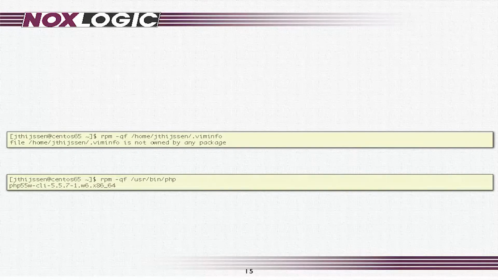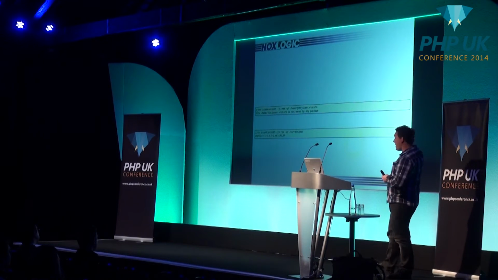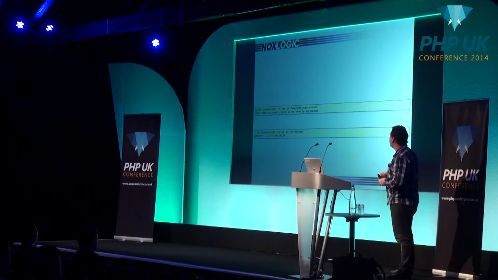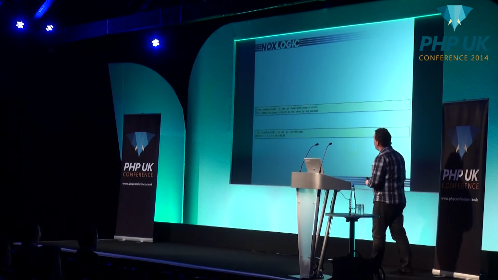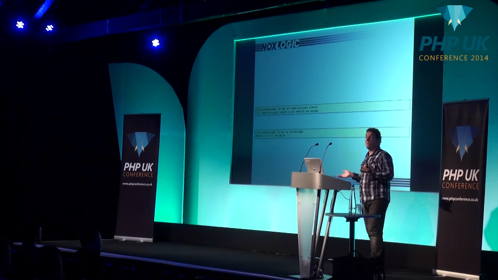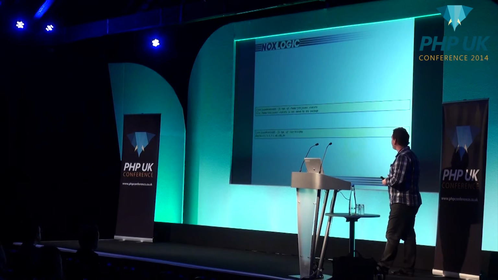You can work the other way around too. So for instance, I can query a file on my system and it will show you information on which package it belongs to. I can do that with rpm -q -f with a certain file, in this case .viminfo in my home directory. It will say this viminfo file is not really belonging to a package, which makes sense because it's like a temporary file.